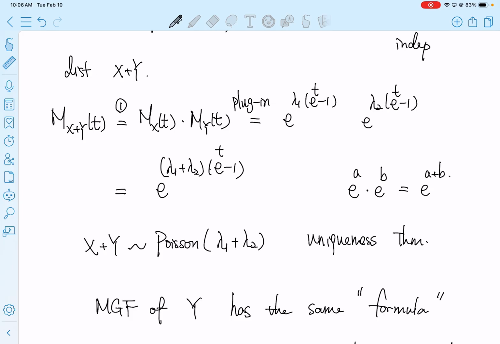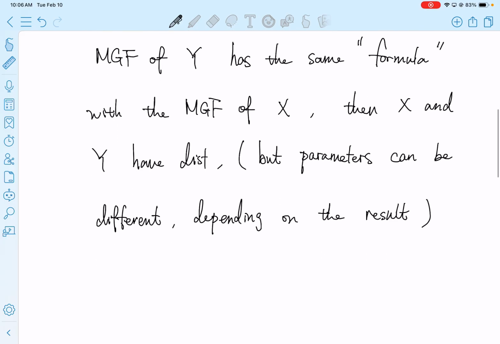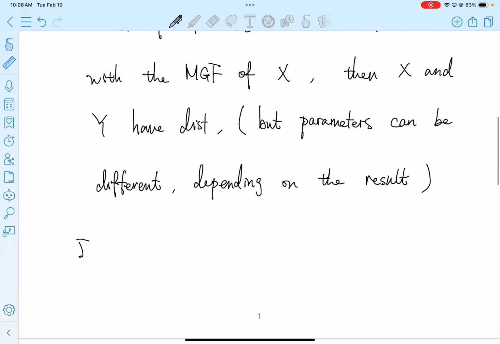Just to clarify, the uniqueness theorem doesn't apply to all distributions? Yes. So a conceptual idea is that you have the first moment, the second moment, the third moment, and then you can keep going to a relatively large moment.